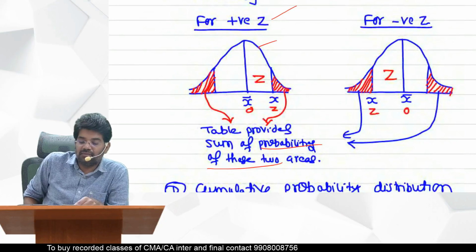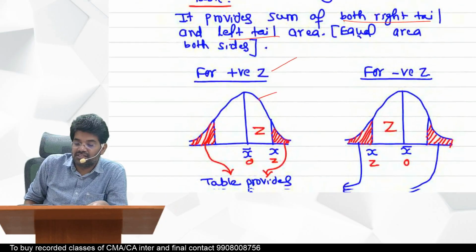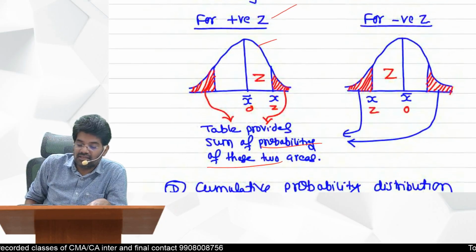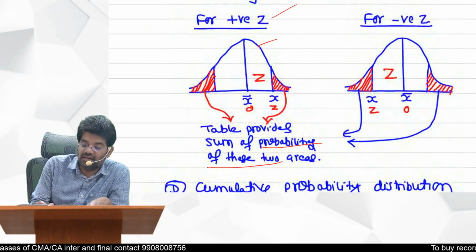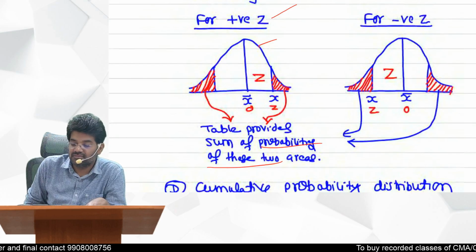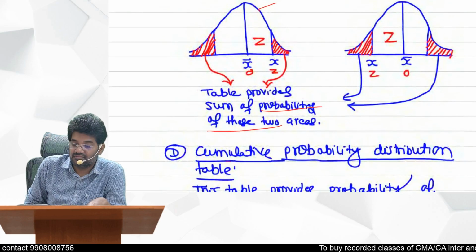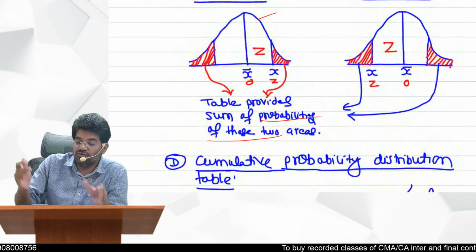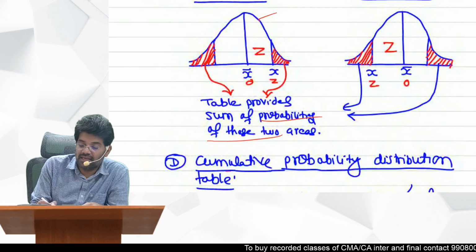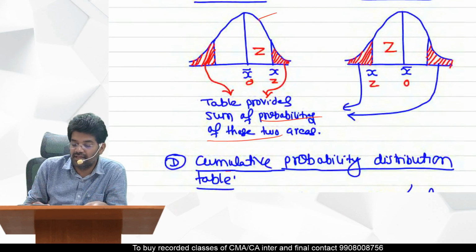I am indicating by red mark here. If it is a two tail table, the Z value will cover both this one as well as this one. From 0 to X bar to X here, this value plus this value, both you should add if it is a two tail table.